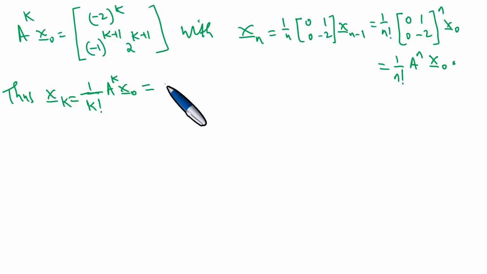We have this. And then what we do is put this matrix. We put minus 2 to the power k. Even these, because now if you look at the powers, they have the same power. So you can write it as minus 2 to the power k plus 1.